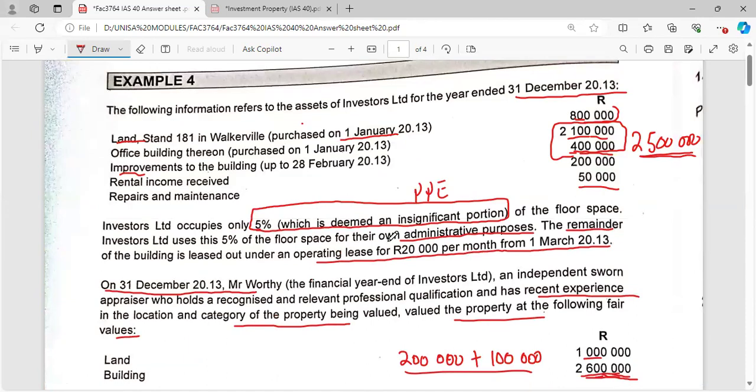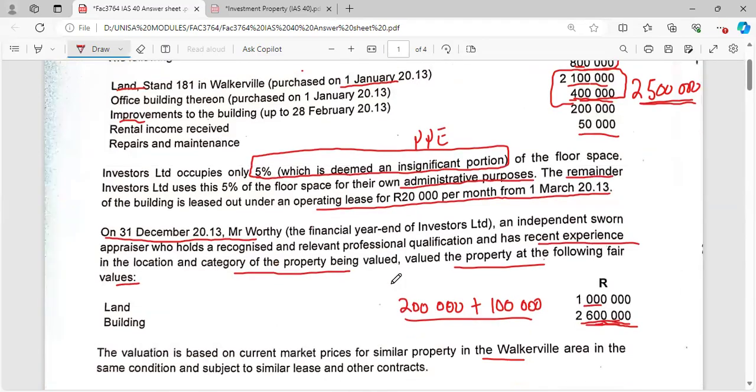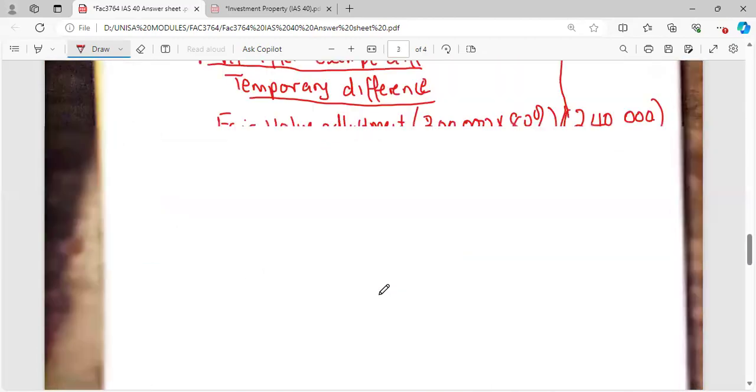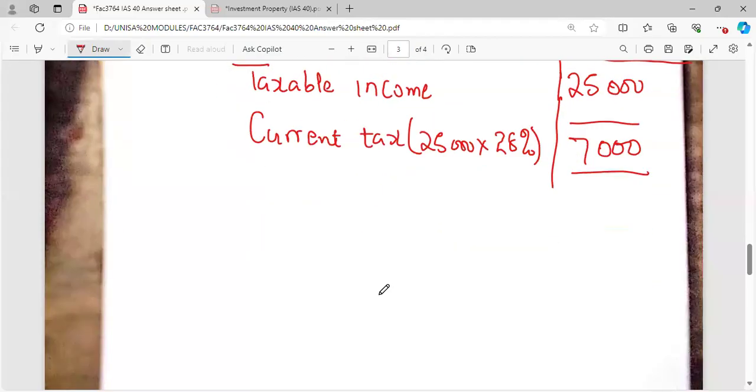We have the fair value adjustment for the land and the fair value adjustment for the building. Am I right? Yes. Or are we lost? Right, so that's there.